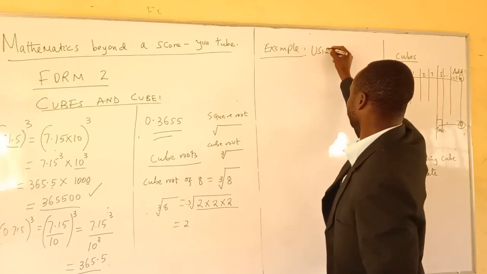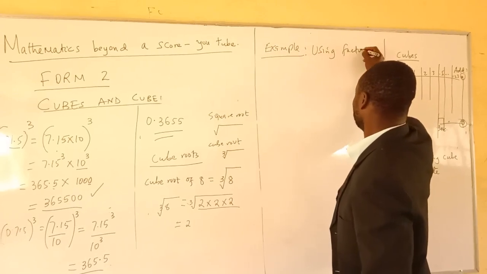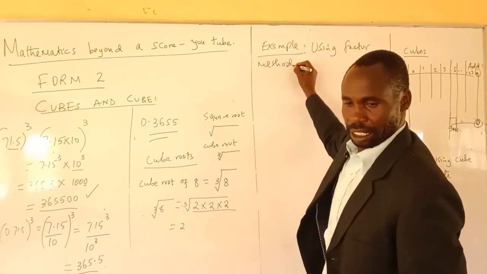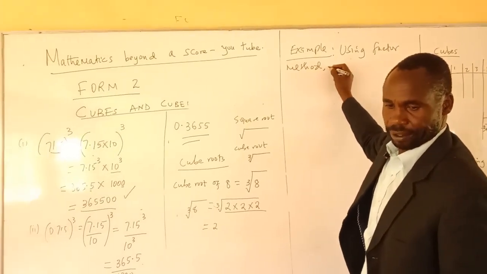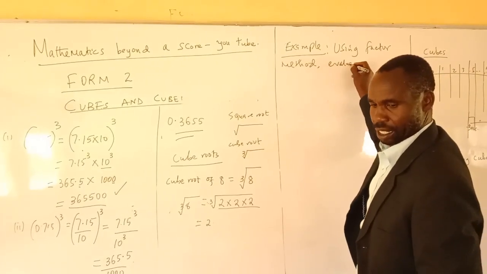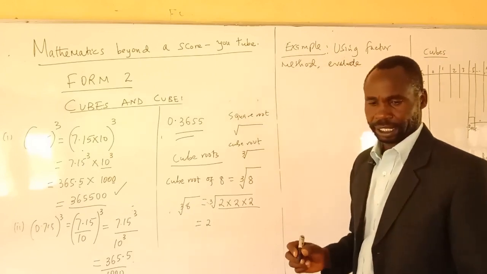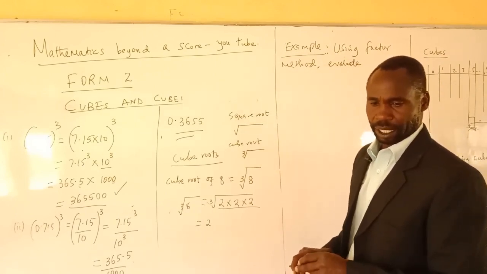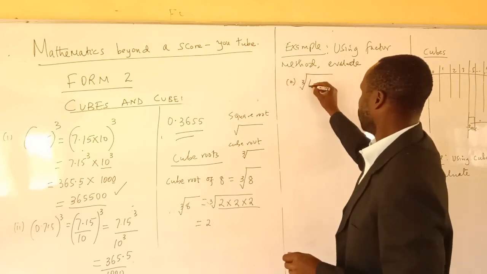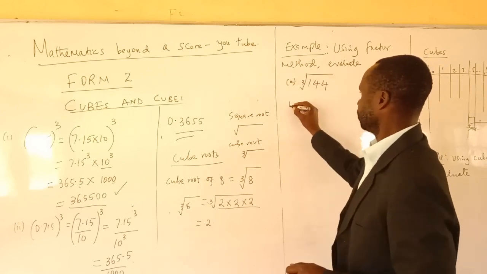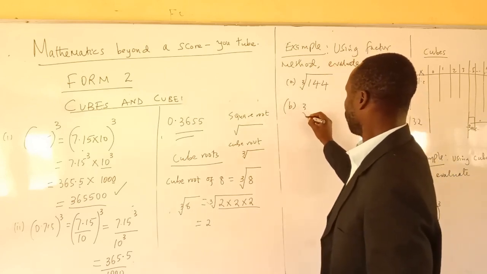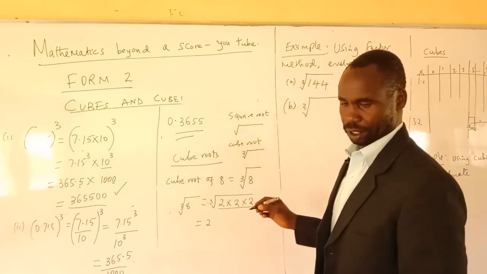Using the factor method, evaluate: A, the square root of 144. B, the cube root of 216.